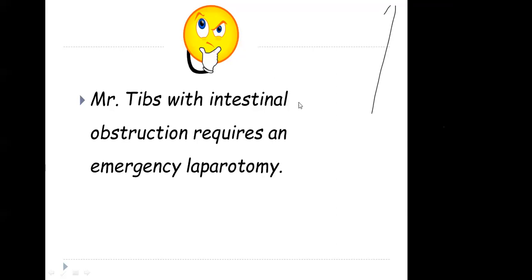What's the downside of giving him thiopento? Hemodynamic instability. So do you still want to give him thiopento? I would just give him thiopento.